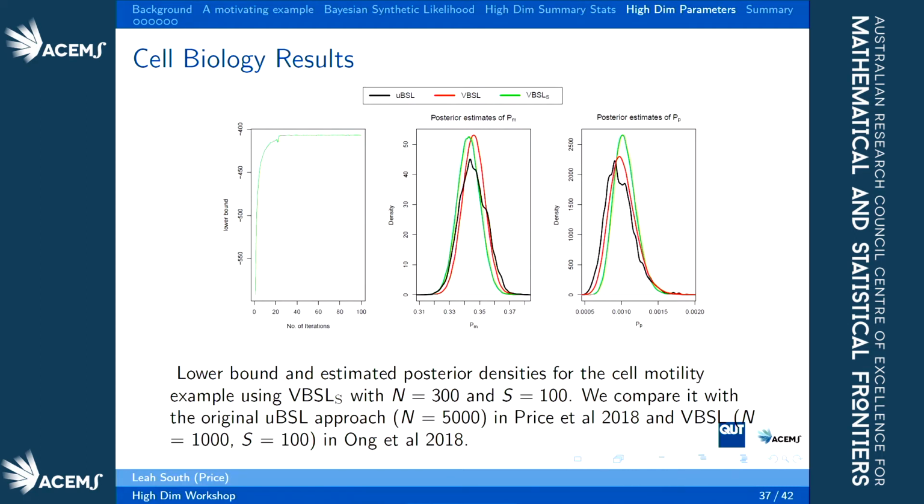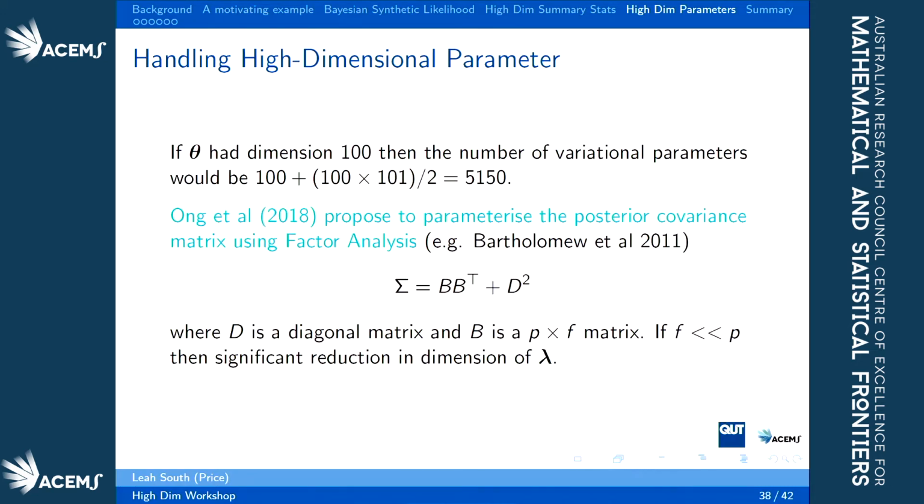Green is BSL with variational Bayes and graphical lasso, so a shrinkage estimate of the covariance of the summary statistics. You can tell that we're getting roughly the same approximation for the two different parameters, depending on the method, and with VB it's a lot more efficient. So a lot fewer simulations from the model are needed to get that approximation.